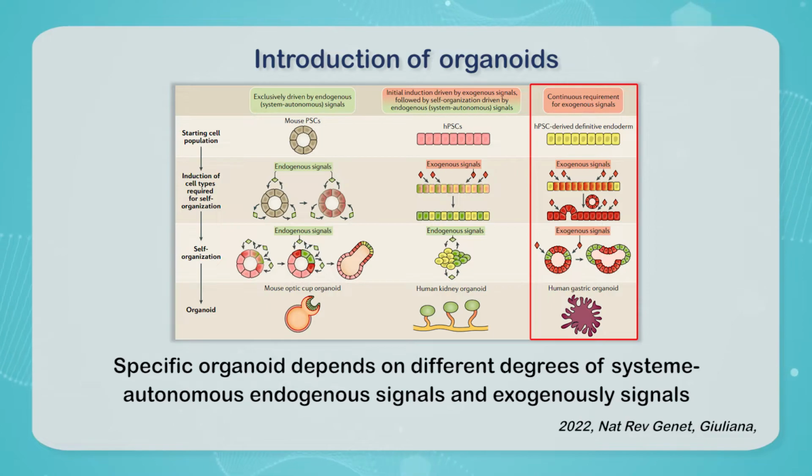The supply of specific exogenous signals is continuously required for hPSC-derived gastric organoids, like the right. The necessity for exogenous signals likely substitutes for missing cell types that are responsible for the production of these signals during in vivo organogenesis.